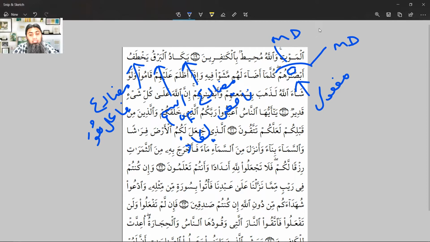So yakhtafu absarahum is a complete sentence, and this complete sentence will play the role of khabar of yakadu. So yakadu is fi'l naqis, al-barku is the ism of yakadu, and yakhtafu absarahum together as a complete sentence plays the role of khabar of yakadu. And this is the one sentence of fi'l naqis, yakadul barku yakhtafu absarahum.